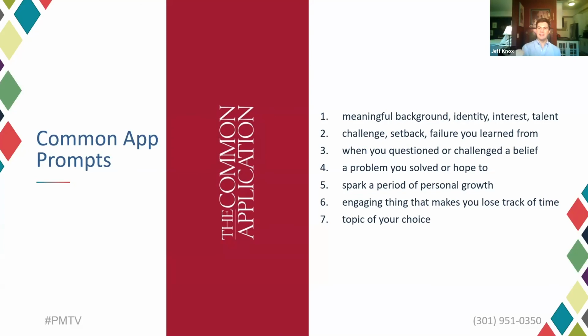When you look at the prompts for their main essay, this is the essay that goes to almost all of the colleges that you apply to through this application platform. Zero in on number 7. Don't even worry about numbers 1 through 6. Look at number 7, topic of your choice. That's there for a reason. It's there to give you permission to write about anything you think is appropriate and compelling for your application, for an admissions person to read.